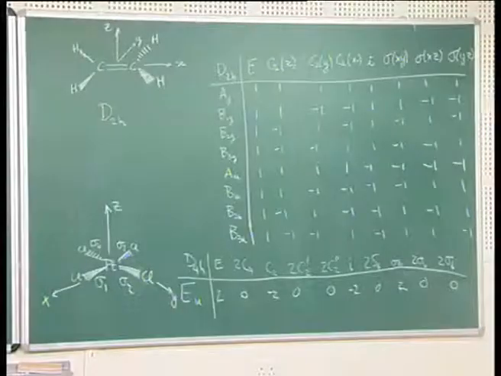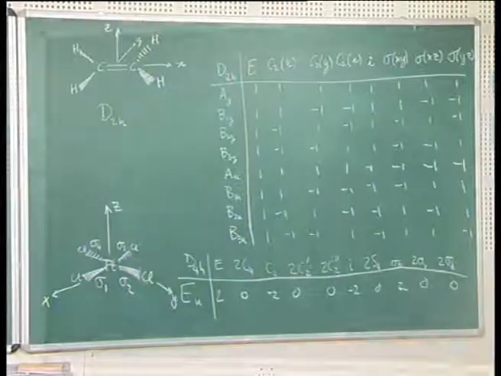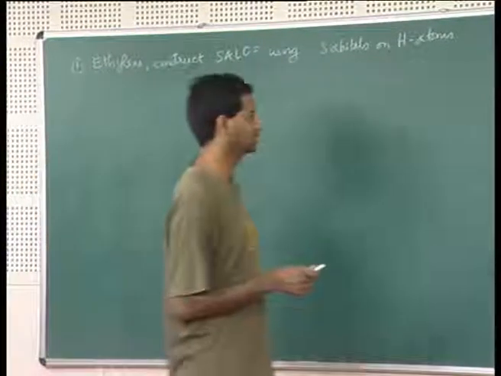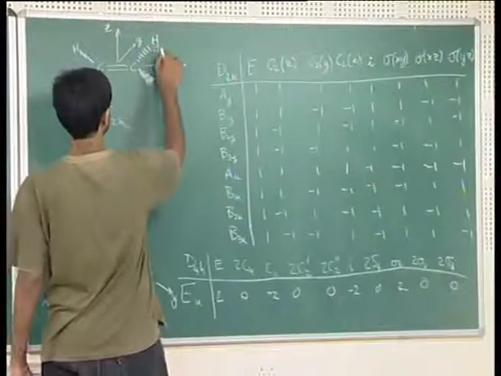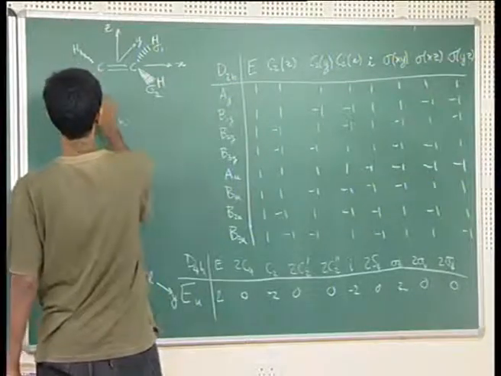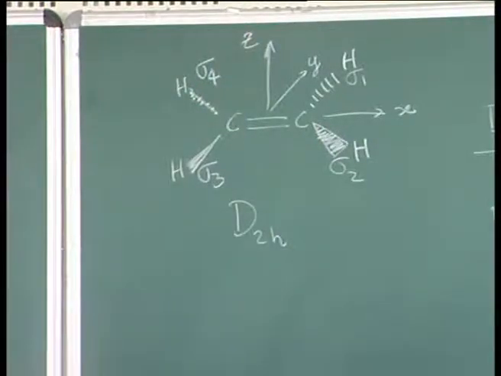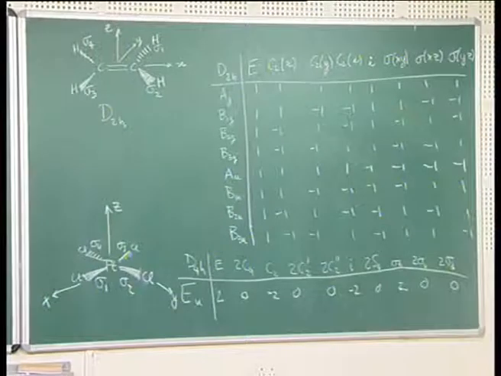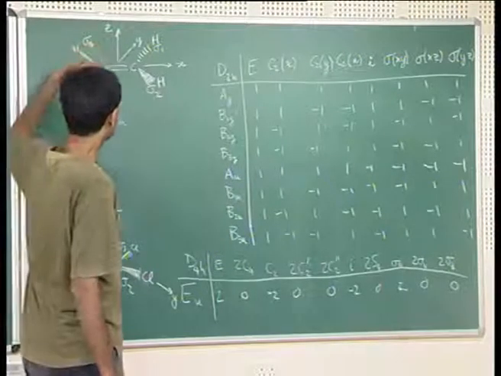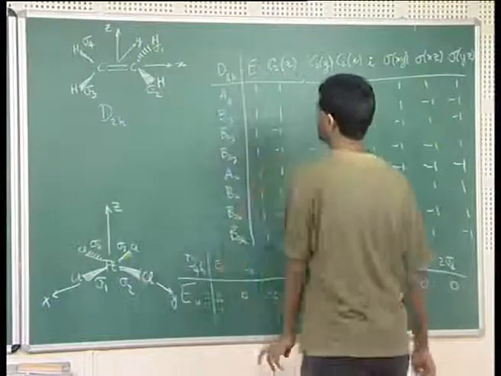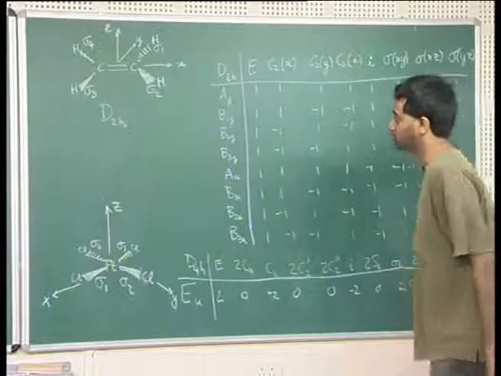So now let's construct SALCs using the s orbitals on hydrogen atom. I am going to call these as follows. I will call this s orbital sigma 1, this sigma 2, sigma 3, sigma 4. And now you ask a question, if I take this sigma 1 and perform a C2 operation, let's say C2y operation, what will happen to sigma 1?